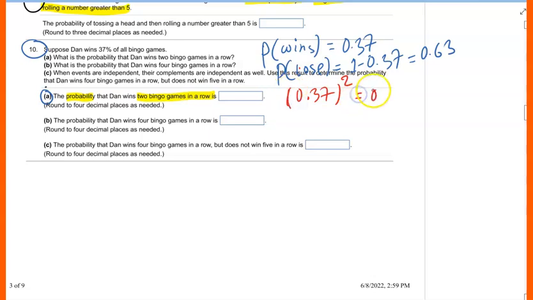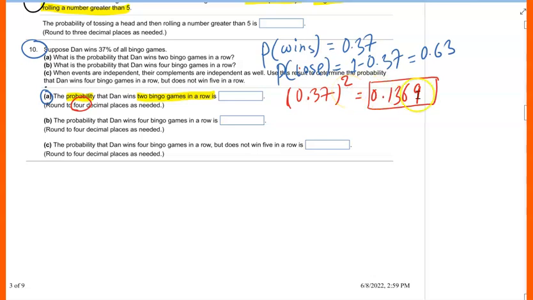That gives you 0.1369. If you round it to 4 decimal places, that's the answer for the first question. In other words, 0.37 squared is the same as 0.37 times 0.37. Since winning the first game is independent of the second game, you have to multiply this twice because of the independence rule.